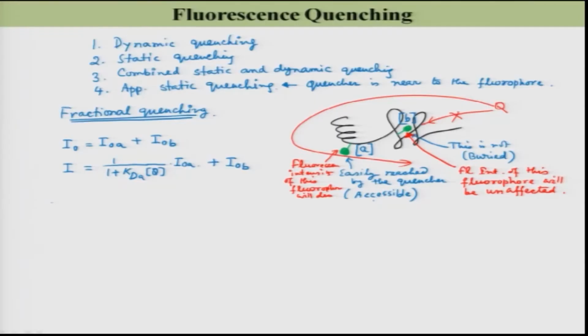So, what can I do? I can take the ratio of I 0 by I as usual.